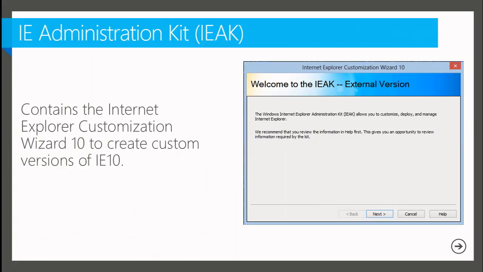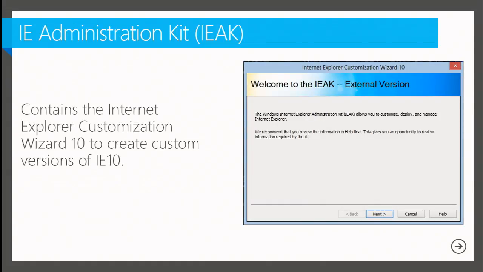The other thing I'll mention along these lines is, don't feel like you have to build a custom package to deploy Internet Explorer. You actually have a number of different command line switches from the Internet Explorer distribution package itself. So you can use a command line switch just with the Internet Explorer package that says install silently, install with these defaults, and you can change a few of those settings just through the command line.